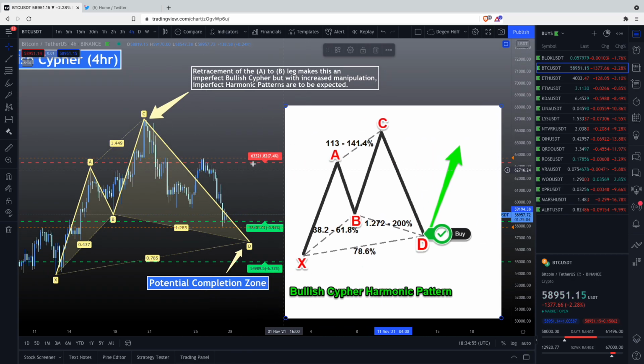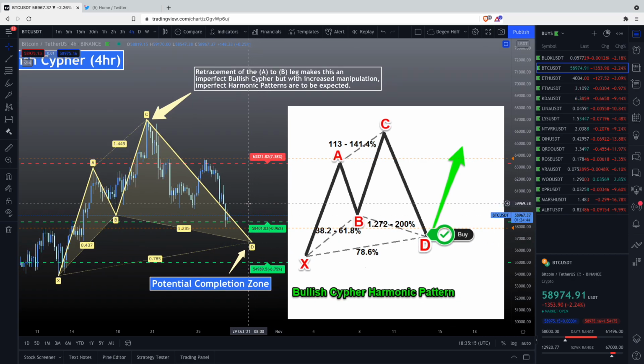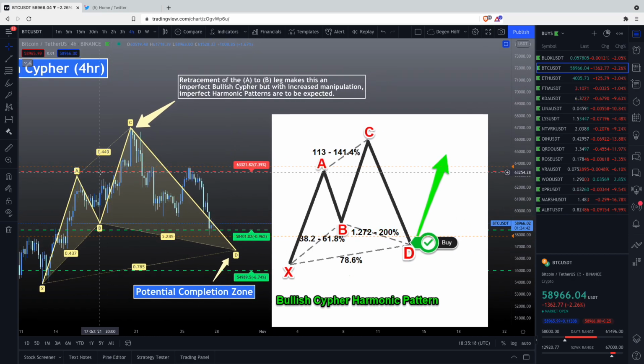So if we look at the 4-hour pattern, we're basically on the final leg, C to D, and if it does complete and we tread along this line over here, even if we go above it and we dip below it, but the overall mean regression line goes down to the D. Once we hit D, I would expect a bounce, and that bounce is likely to the A point over here.